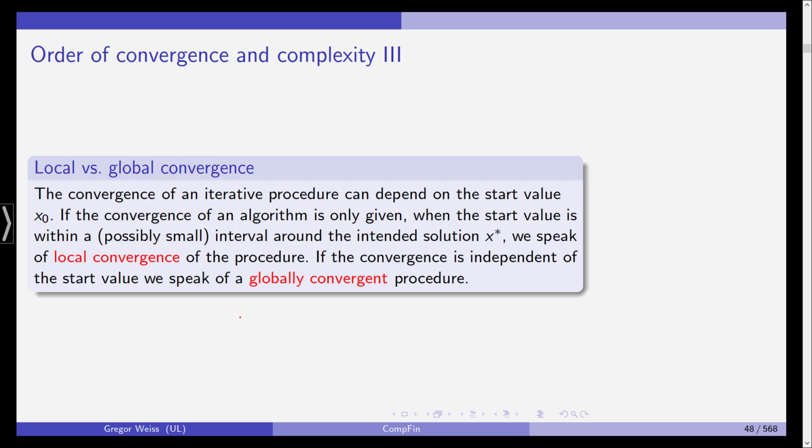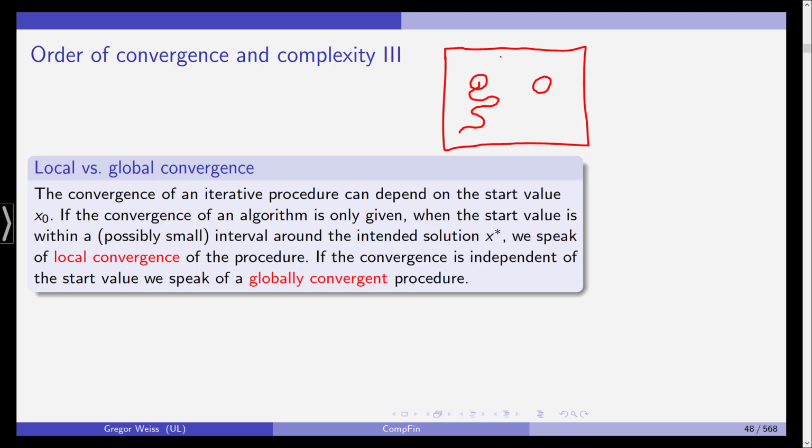Next, we also distinguish between local and global convergence. If we have an iterative procedure, if, for example, you're trying to find, let's say we have a plane here, and we have a local optimum here, and we have a second local optimum here, then it could be that an algorithm starts out here and it converges to this point.